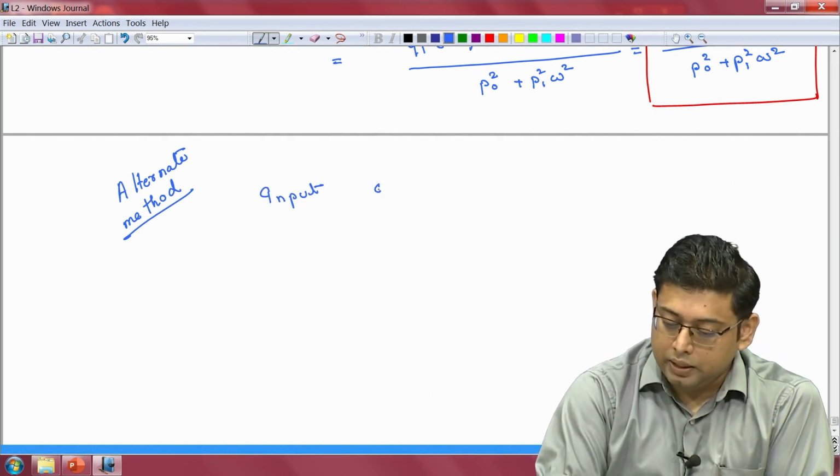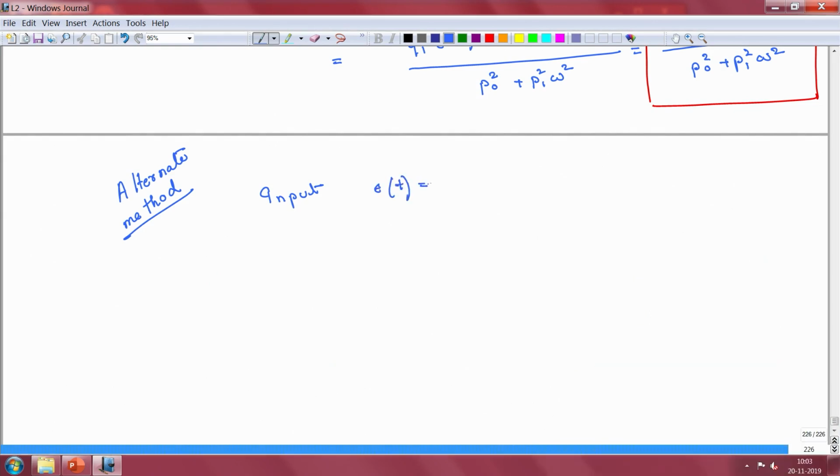So, your epsilon t is equal to epsilon naught e to the power I omega t, and in this case we know that your stress will be G star omega epsilon 0 e to the power I omega t. Okay. This is the situation when the transients have died out, leaving the steady state response.